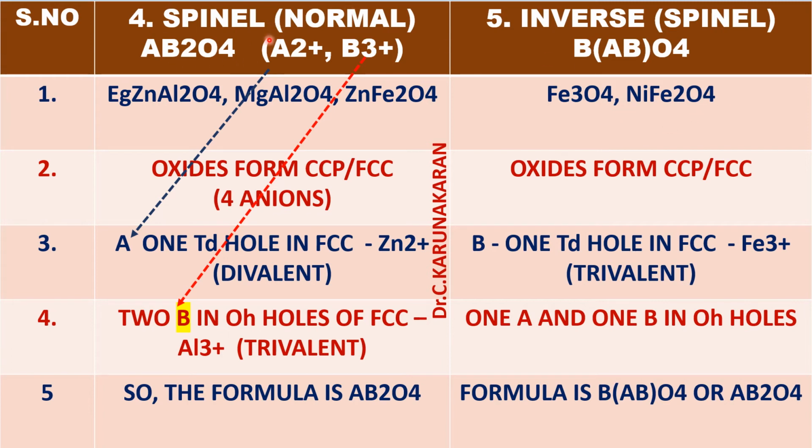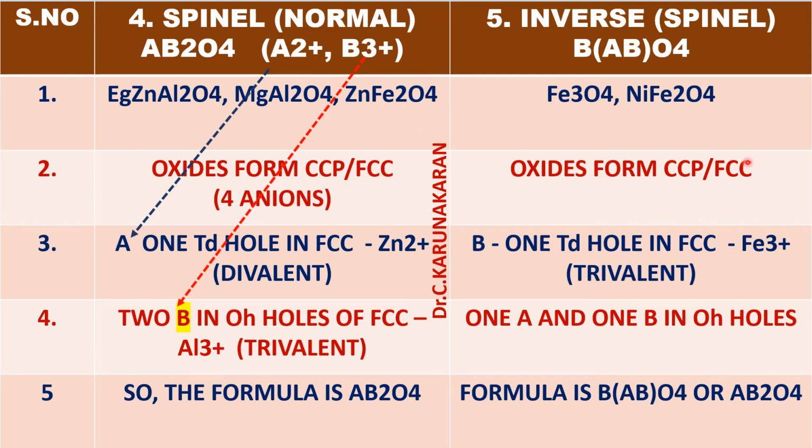In this spinel, remember, in both the cases, A is always divalent and B is always trivalent. Remember that. Okay. And oxides, here you see 4. Therefore, oxides form CCP, FCC. Therefore, there are 4 anions.